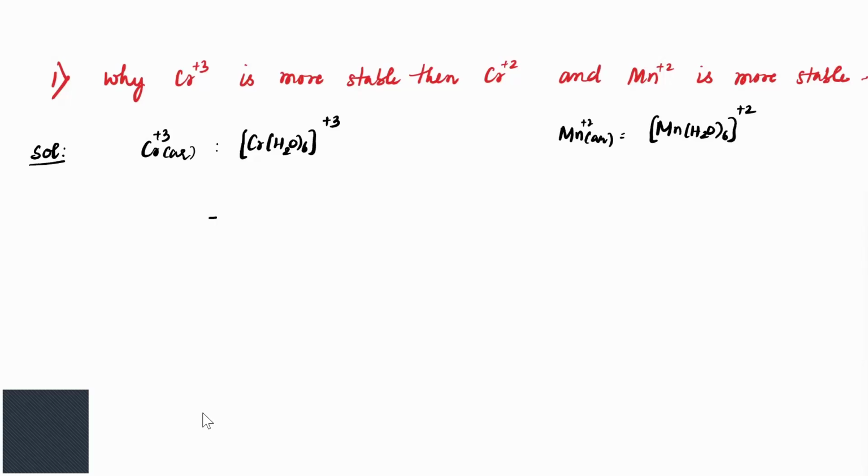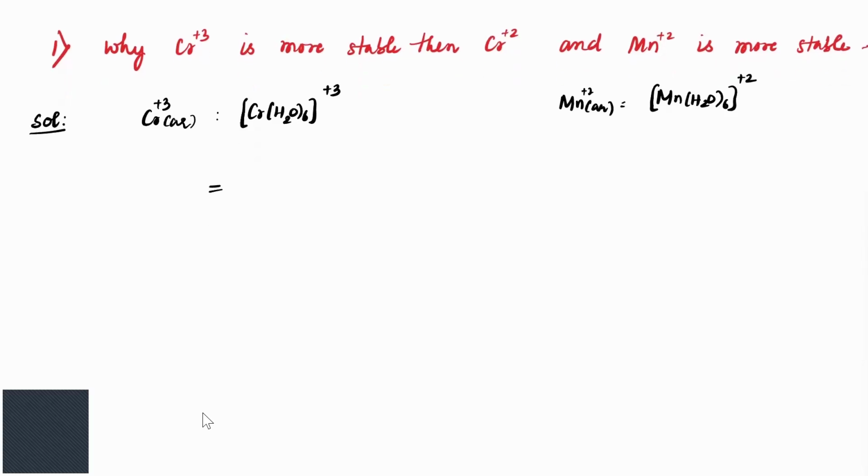Okay. In such case, chromium plus 3 configuration is 4s0 and 3d3. For a 3d3 configuration, weak field or strong field, it does not make any difference because t2g will be filled first and eg will be left over.